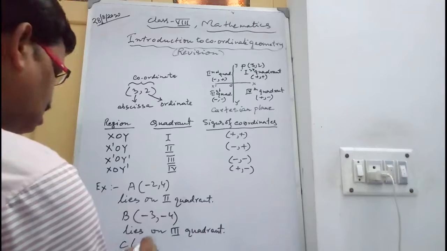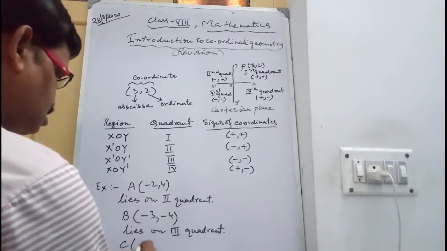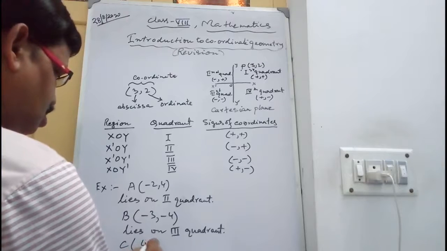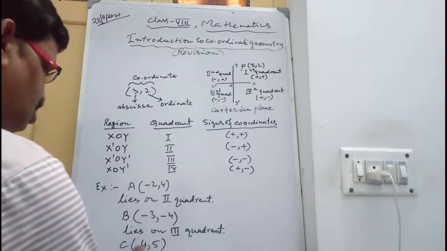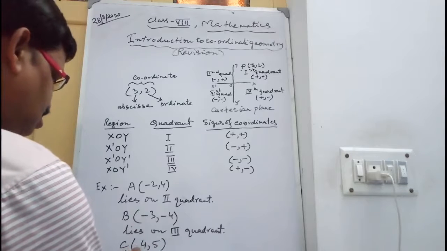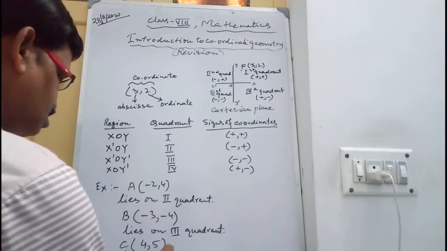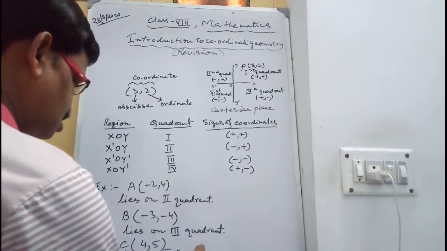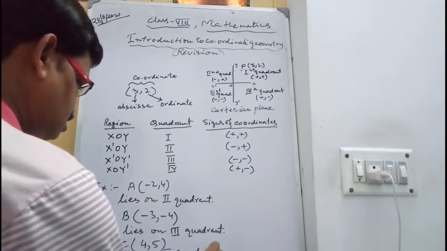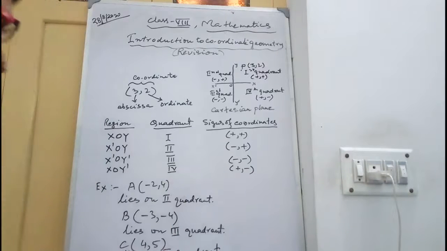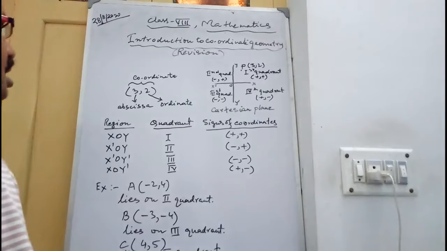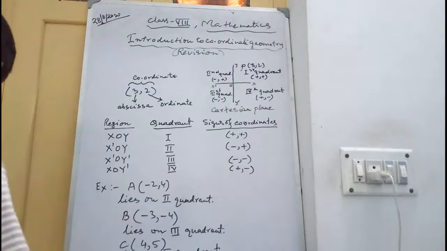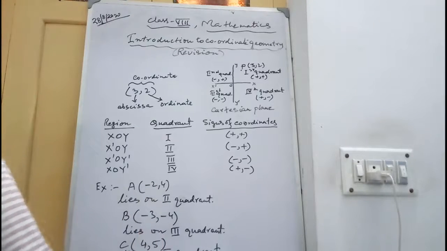Then (4, 5), both are positive, first quadrant. In this way, you give the answer regarding that coordinate.